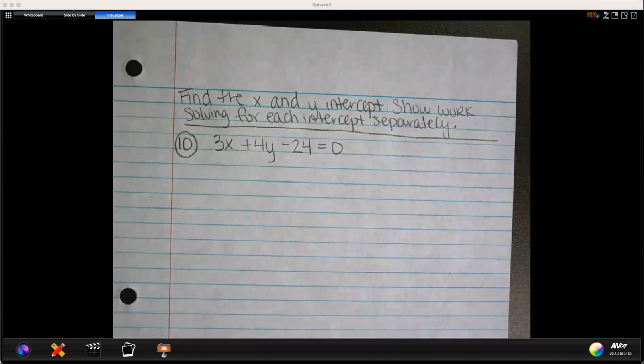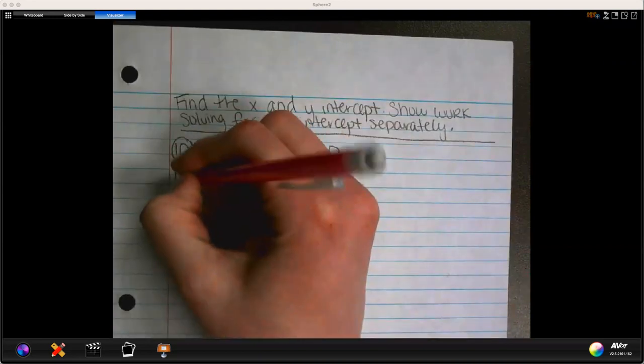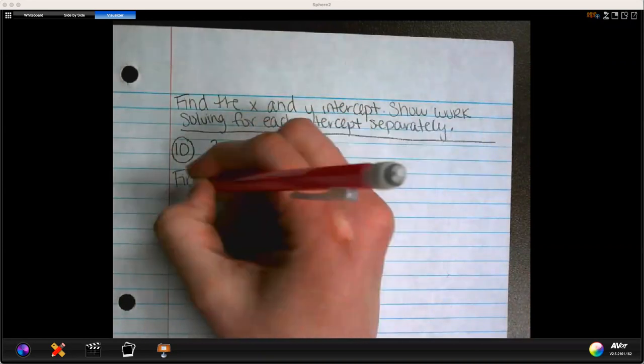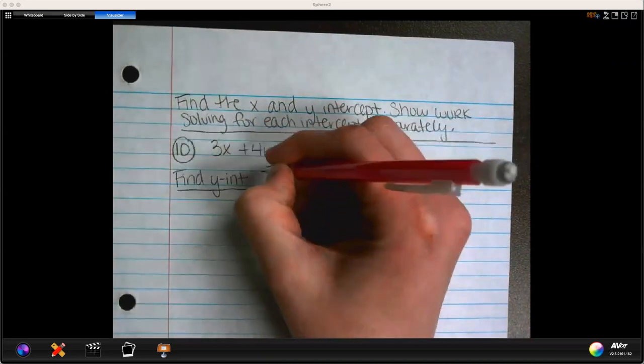So like we had talked about with x and y intercepts, they are where they hit the axis, on the x-axis or the y-axis. So let's first find the y-intercept because that is the one we're more familiar with. Okay, what does a y-intercept always look like?